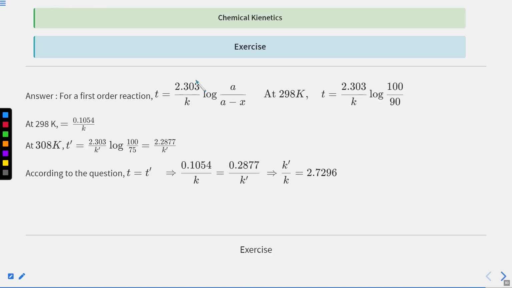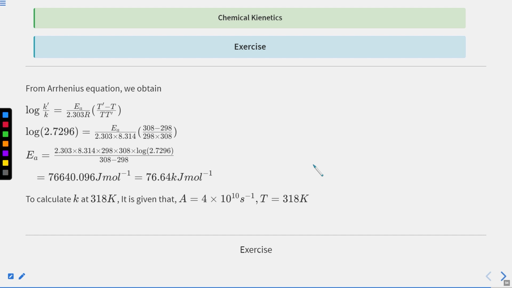So first we will use this rate law, which is given. We will use this equation, and hence you will find the ratio of K and K dash in this way or in that way. Now once you got this, use it to get the relation here also.